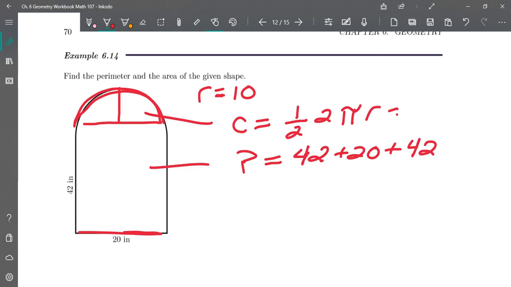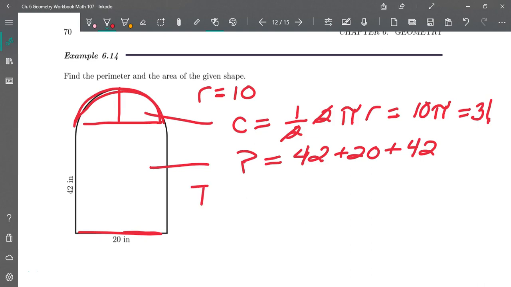So if we fill in up here, these will reduce out, so we just have the 10 pi. Pi is about 3.14, then we have 31.4. We'll just round off. We can add that to our perimeter here.